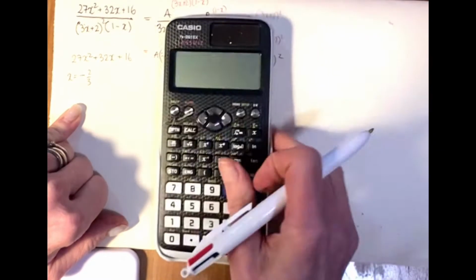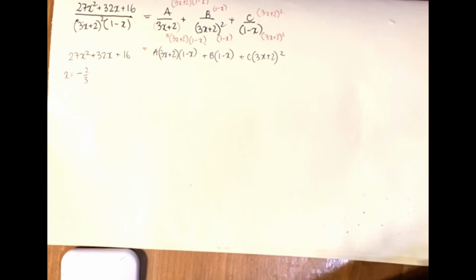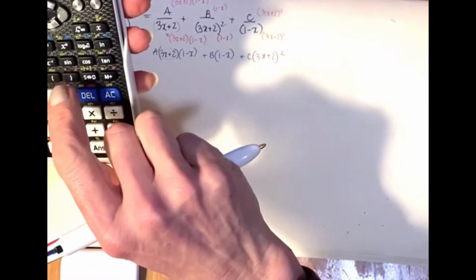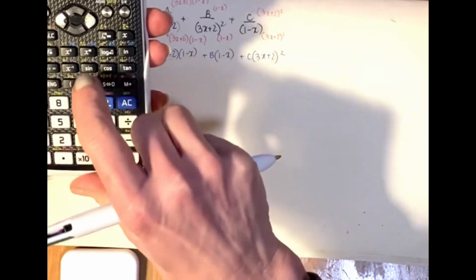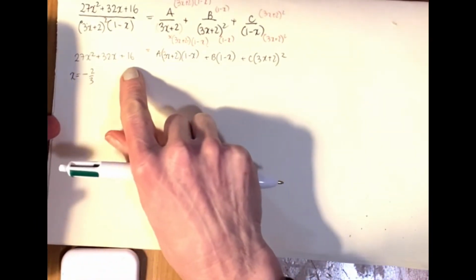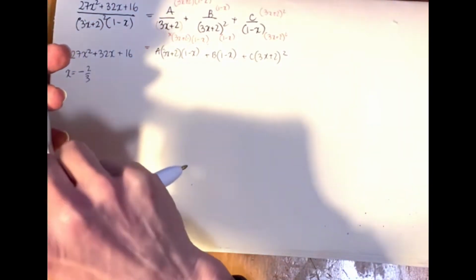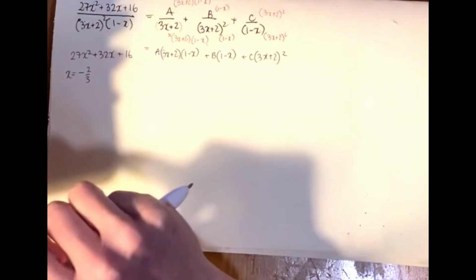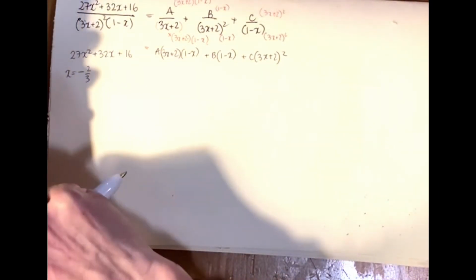The best way to do it really quickly is to put minus 3/2 into the calculator, and use the ANS key to substitute it into the left-hand side. So we've got 27 ANS squared plus 32 ANS plus 16.